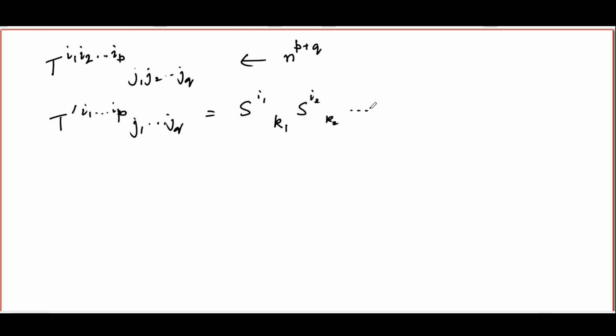Okay, let me just write down this first. This is the traditional way of thinking about tensors, at least what used to be the traditional way among physicists, that tensors are things which transform in a particular manner.